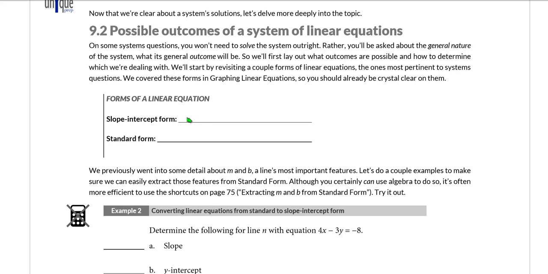There's actually a few places in the manual where we go over the common forms of a linear equation. One of them is slope-intercept form. Slope-intercept form of a linear equation is y equals mx plus b. Standard form, which again we have gone over elsewhere in this manual, standard form is ax plus by equals c.